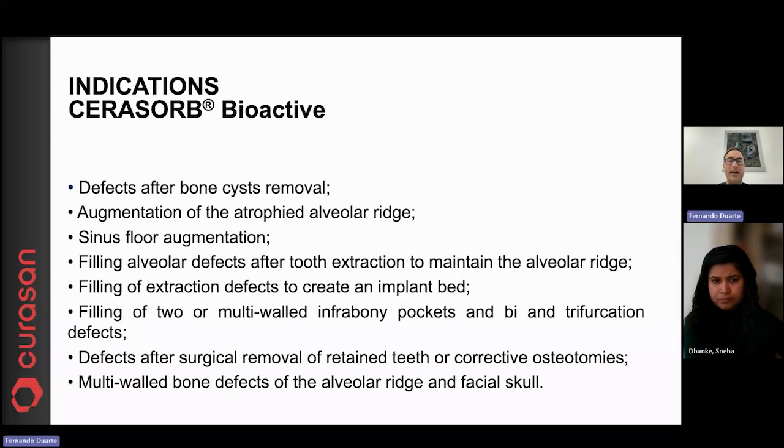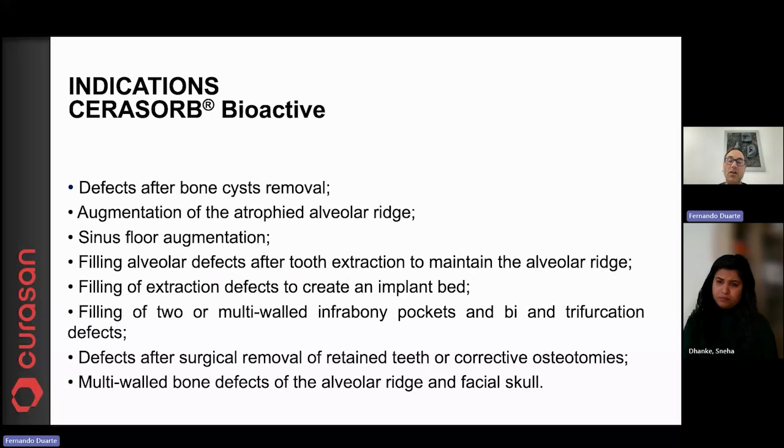Filling alveolar defects after tooth extraction to maintain the alveolar ridge is very important, mainly in aesthetic areas, when we are talking about the anterior maxilla and anterior mandible. This kind of surgical approach is very important. Also the filling of two-wall or even multiple-wall intrabony pockets, and even bi- and trifurcation defects in molars, because we know that it's very important to clean the granulation tissue that is in the pocket and at the same time do the reconstruction.